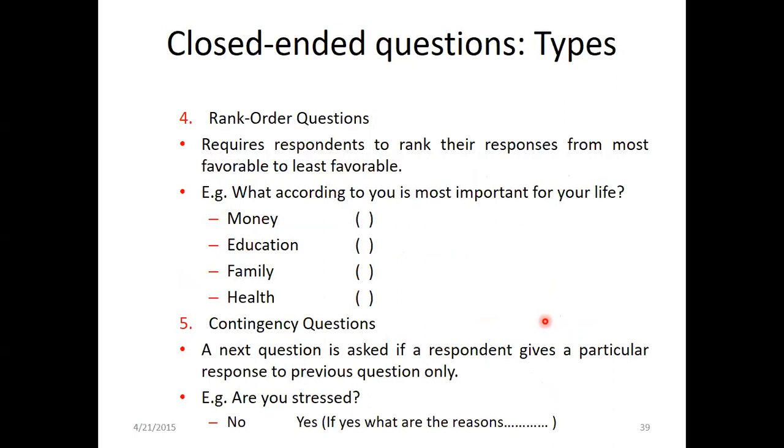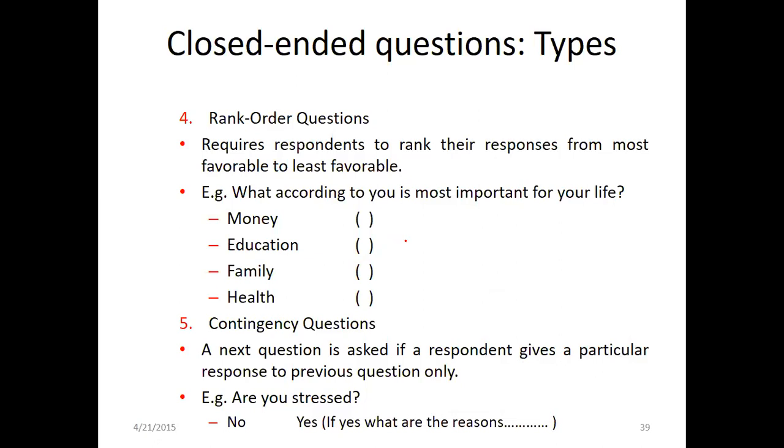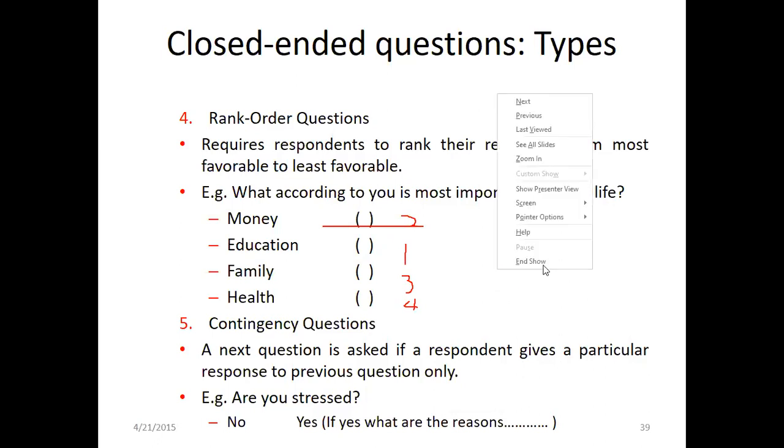Money, education, family, health, etc. So you have to rank, let's say, maybe this is 1, this is 2. So you're ranking. Okay, maybe this is 3, this is 4. That's the idea there, okay? Okay. Then we have contingent questions.